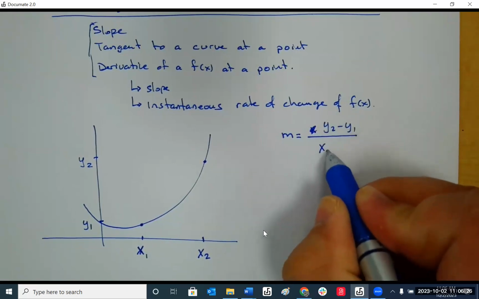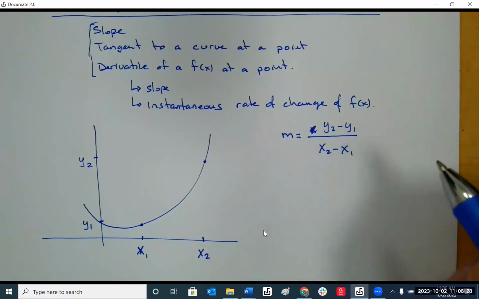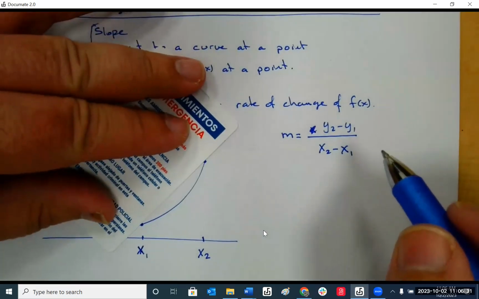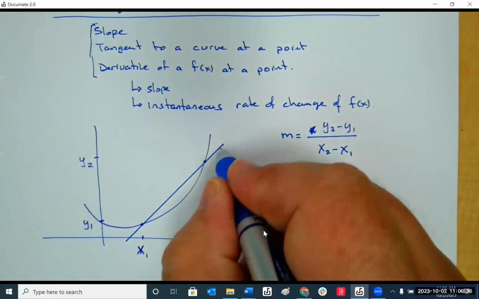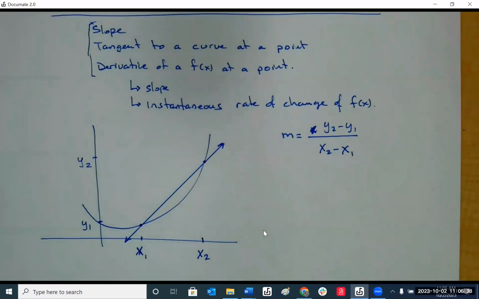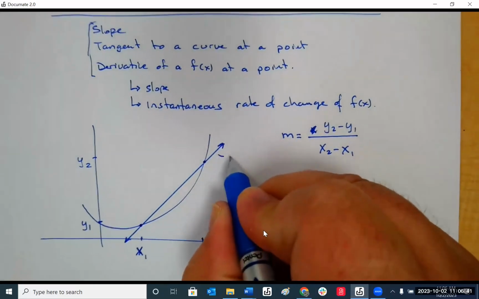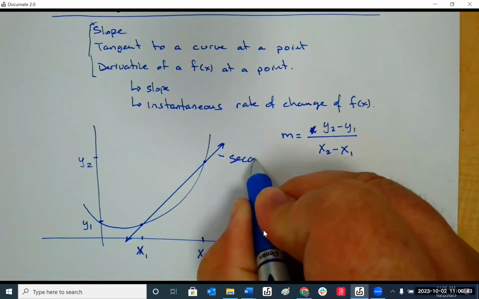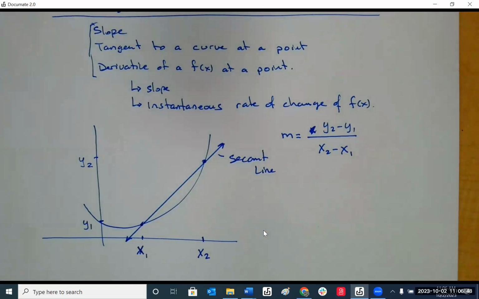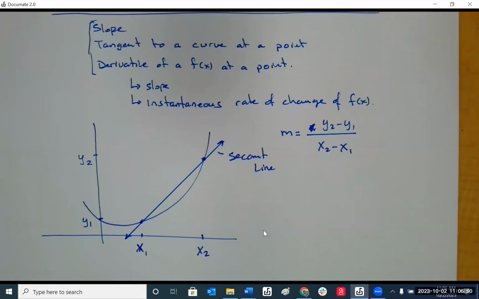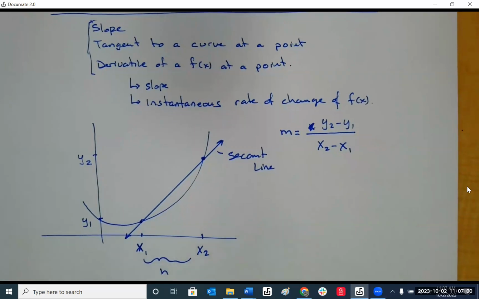What we know so far is that if we drew a line between these 2 points, connecting these 2 points to that curve, we would find the slope of the secant line. Again, a secant line crosses a curve at 2 points. The distance between these 2 points we call h.